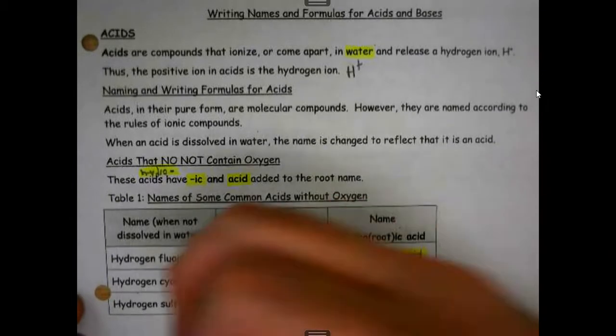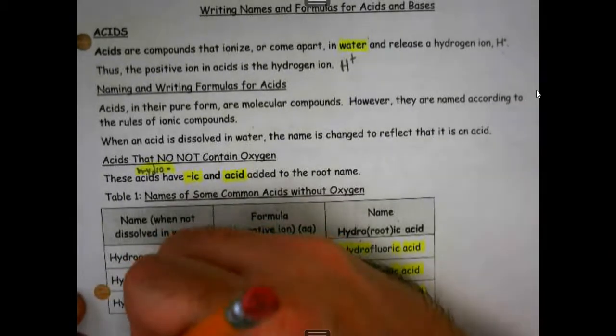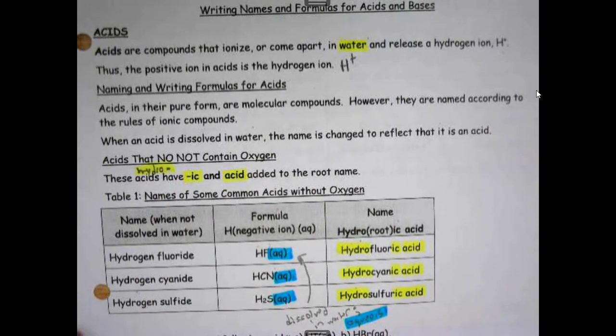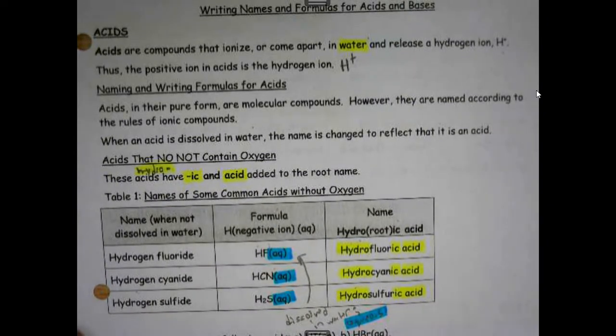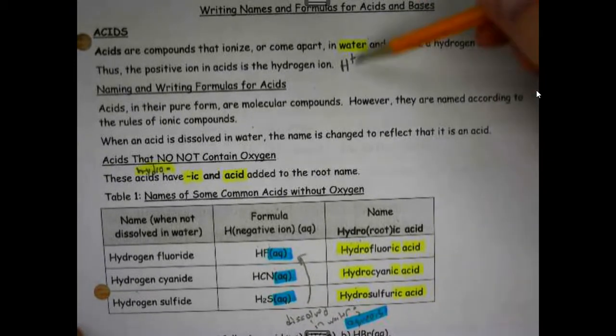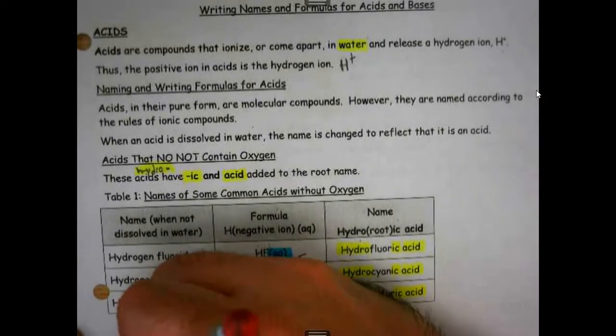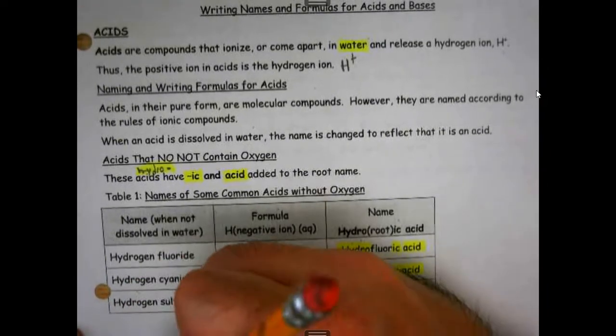Okay. So if you had HI, this is iodine, but we know that it has an H with it, right? So it's going to be H with iodine. So it would be hydrogen iodide.